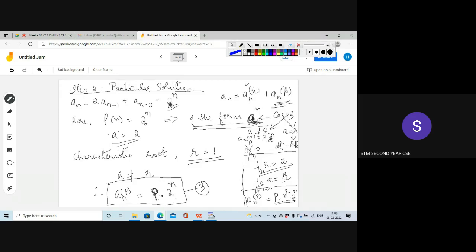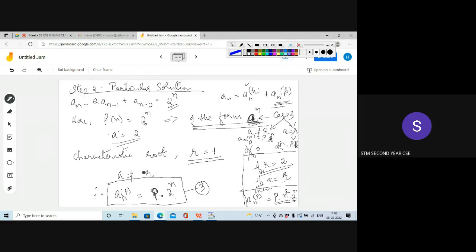Here a is 2, so 2 raised to n. Multiply the right hand side by a constant p, you will get the particular solution. If a is equal to r, then you have to multiply by one more term, that is n square, p into n square into a raised to n. So these are the two formulas that you have to study here.